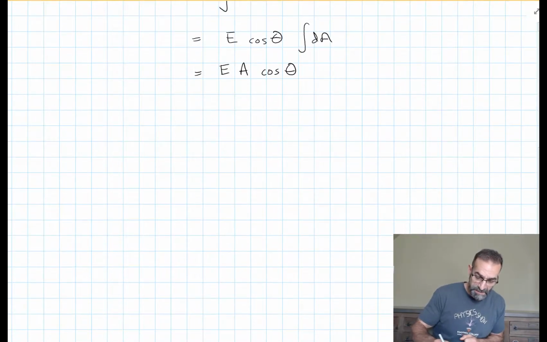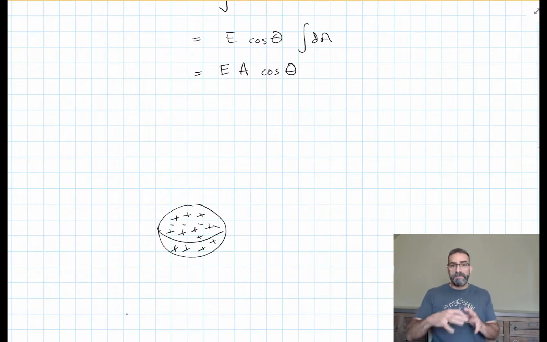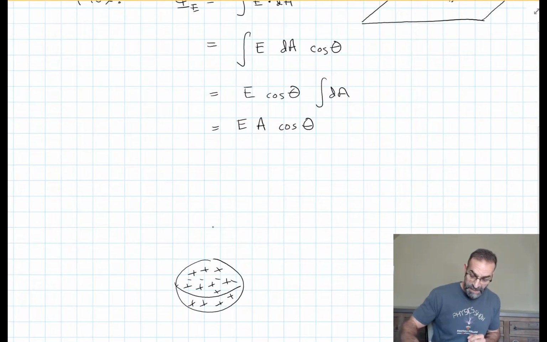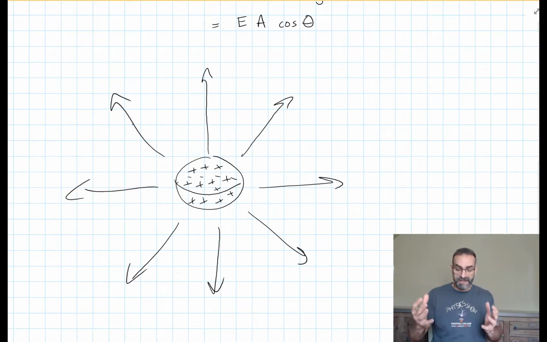So if we have spherical symmetry, if I have a charge distribution that's spherical, I've got a ball of charge, spherically symmetric. It's going to fill the space around it with an electric field that's spherically symmetric.